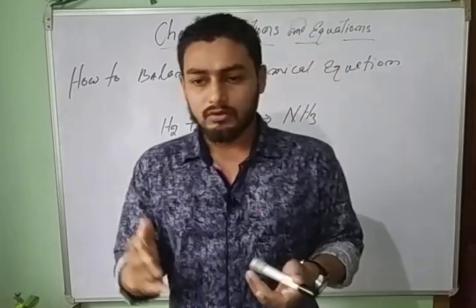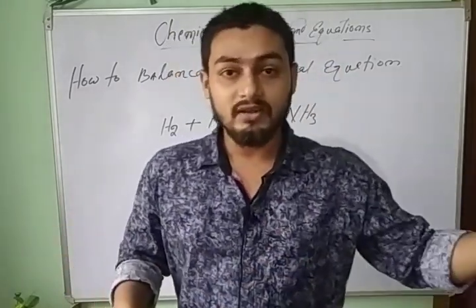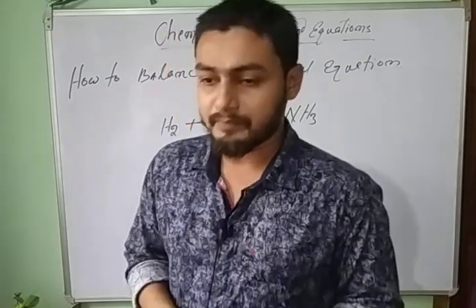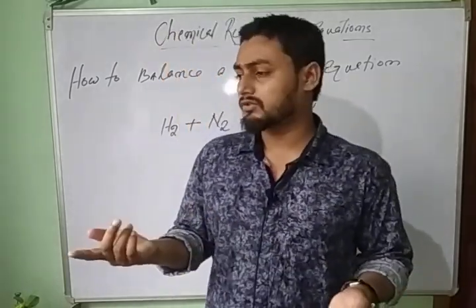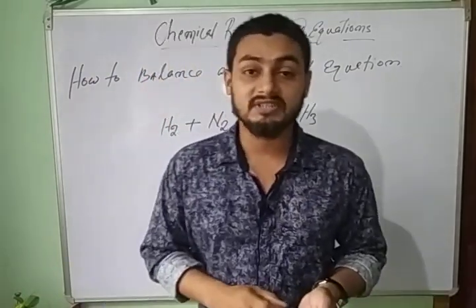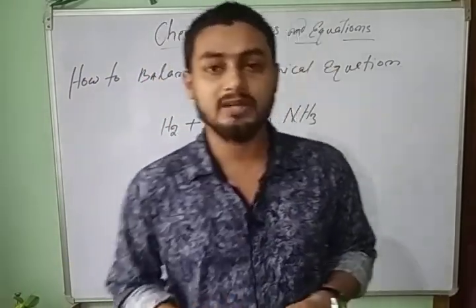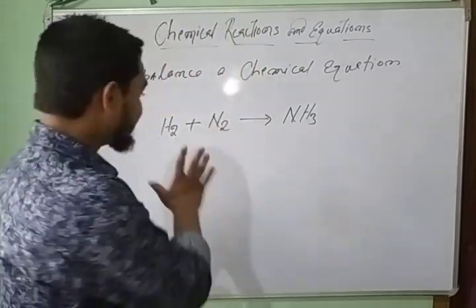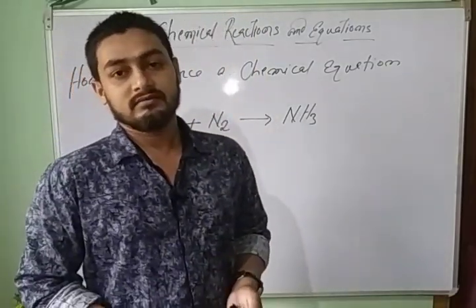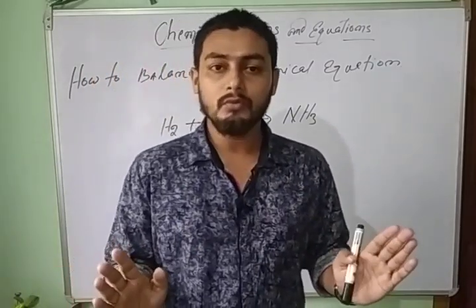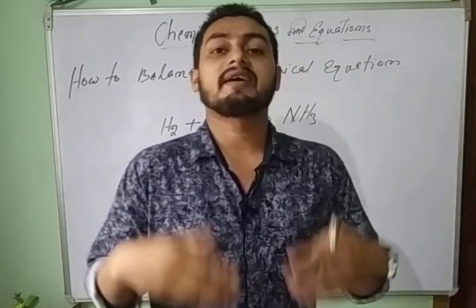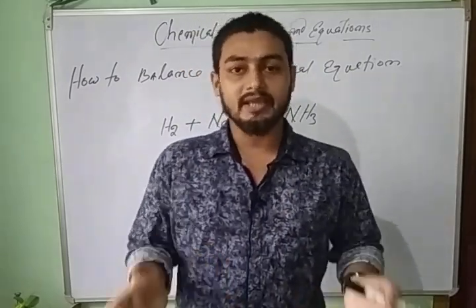Why is it necessary? Step back to your class 9 where you learned one law, the law of conservation of mass. It says that mass can neither be created nor destroyed in a chemical reaction. That means it is not possible to destroy mass or to create mass during a chemical reaction.